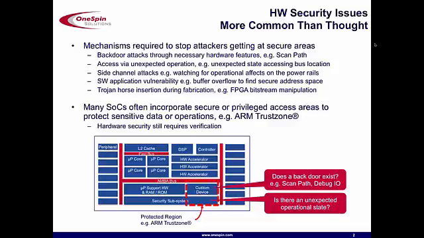Also, access via some unexpected operation, that is setting a state bit in a design, for example, which was unexpected that it could actually even occur at all. And this is a classic thing where you can get into part of a design which may have nothing to do with a secure area on a device, set a state access that allows a bus read and write, which otherwise shouldn't occur, into the secure area.